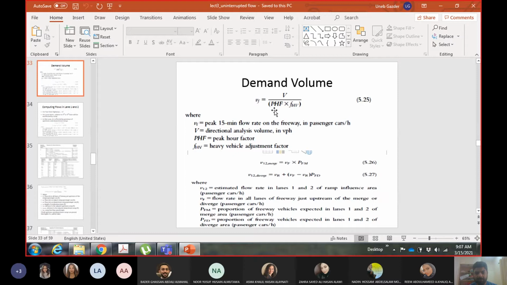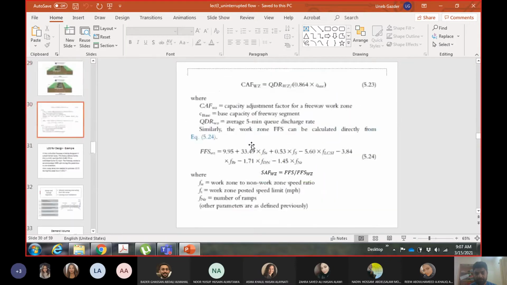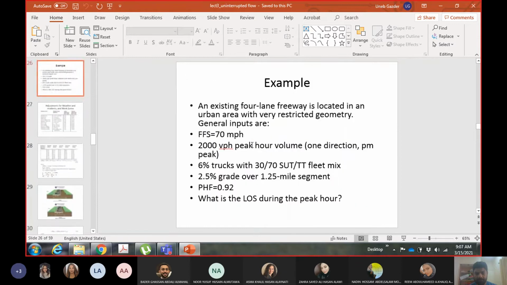The peak hour factor is given. The first thing we need to find out is the heavy vehicle adjustment factor. We have 9% trucks.